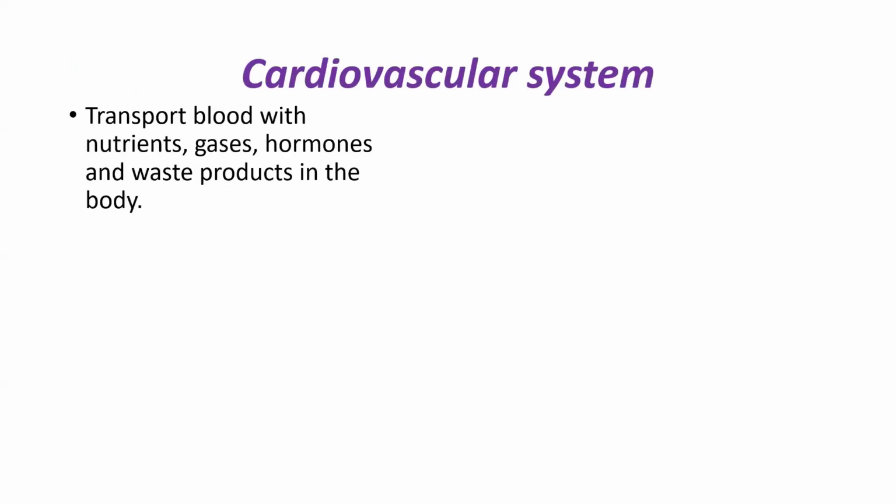As an introduction to the cardiovascular system, as you can see there, this cardiovascular system transports blood with nutrients, gases, hormones, and waste products in the body. So that's a function of blood: it transports nutrients, gases, hormones. Nutrients is not the food that we eat. Gases are oxygen and carbon dioxide.